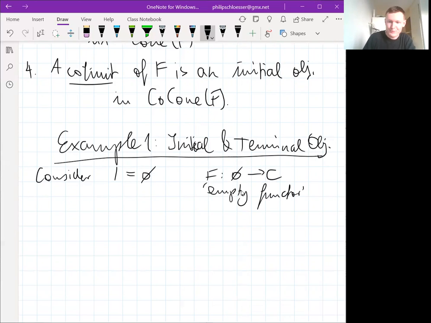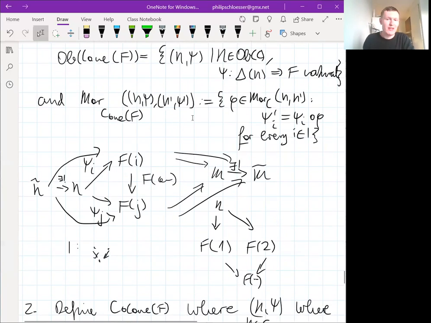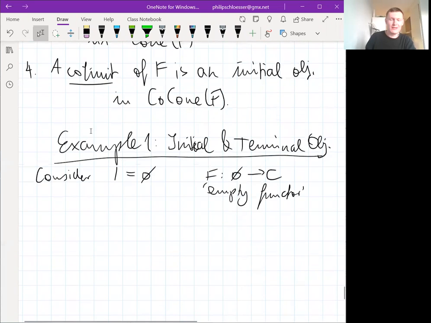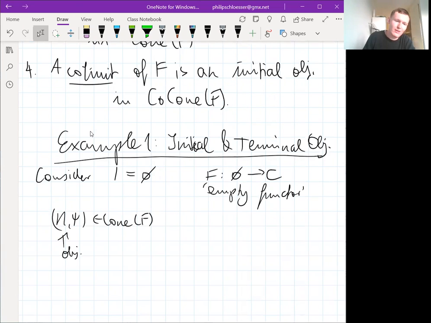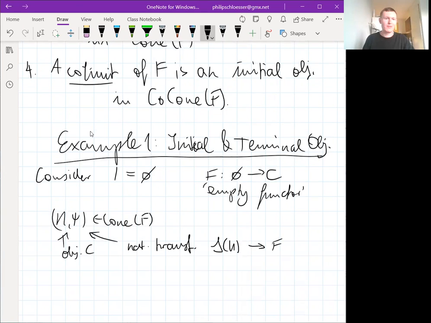What is now a cone? So we want a natural transformation from, sorry, I always have to look this up. We have n is some object of C, and this thing, psi, is a natural transformation from delta n to the empty functor.